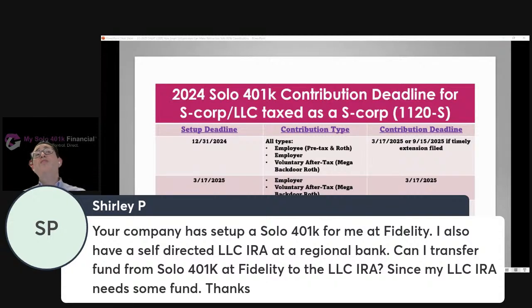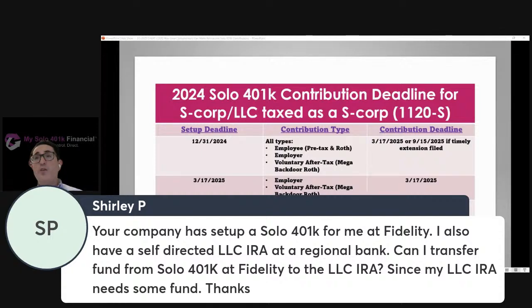Now, that means that we've got to consider the distribution rules, the rules that apply to being able to transfer money out of the solo 401k. Those rules provide, generally speaking, that one cannot transfer money out of a solo 401k until they've met a triggering event, for example, being age 59 and a half or older. Now, there are exceptions to those triggering event requirements.